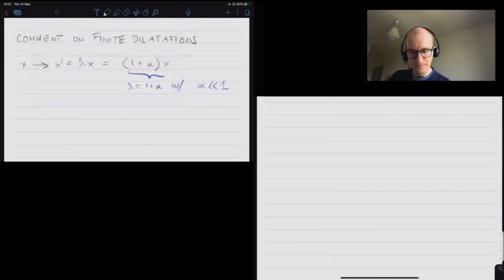Okay, so now let's make one of those comments that we've made before on the unitary operator that implements the dilatation. So U_D of some small parameter alpha.